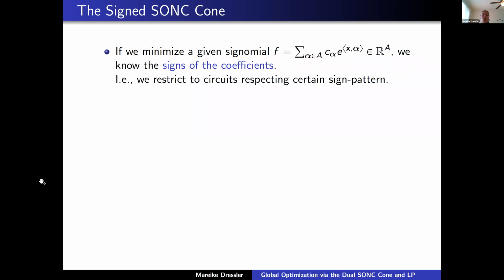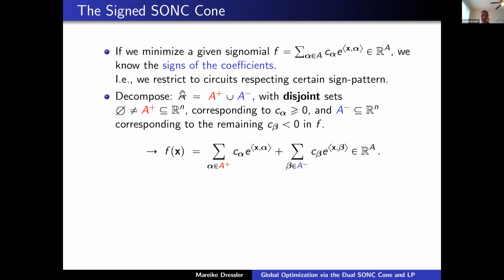So we can decompose the support set into two disjoint sets, where A plus collects every exponent, every support point, such that the coefficients are non-negative. And A minus collects every support point corresponding to the remaining coefficients, which are negative. And clearly these are two disjoint sets because obviously a coefficient can only be non-negative or not.